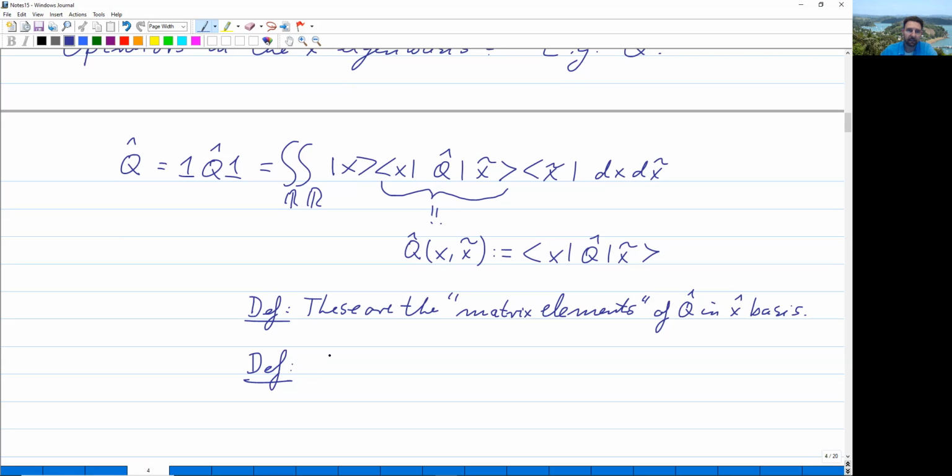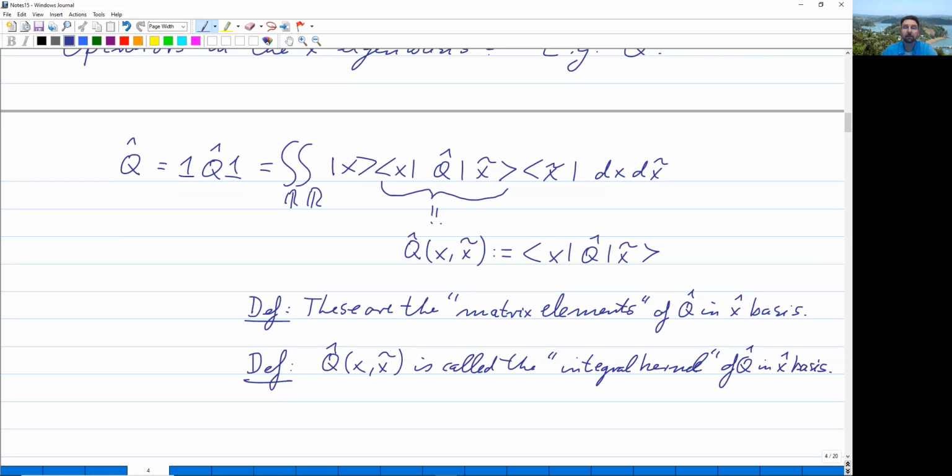Mathematicians would say that q hat of x and x tilde is called the integral kernel of q hat in the x hat basis.